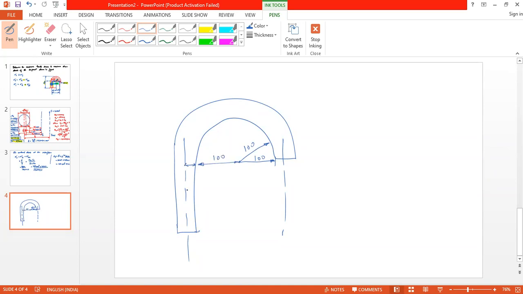And since it is 50 mm diameter, this is 25 and this is 25. So 25 plus 100 plus 100 plus 25. So L is 250. Whereas the area is pi d square by 4, that is pi into 50 square by 4. So it is 1963.49 mm square. Any doubt? No, sir. It's fine, sir.